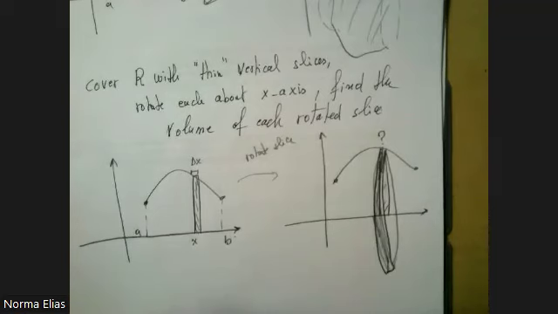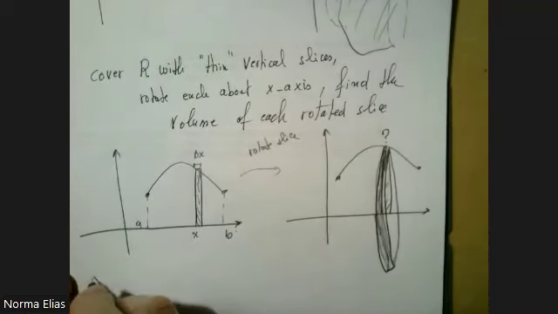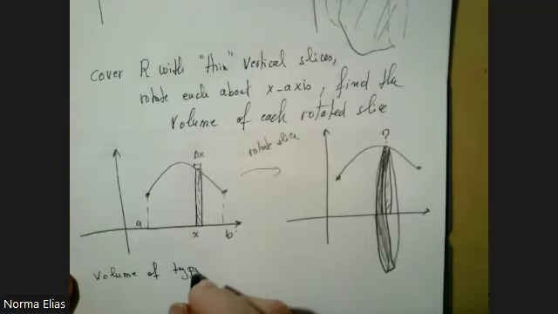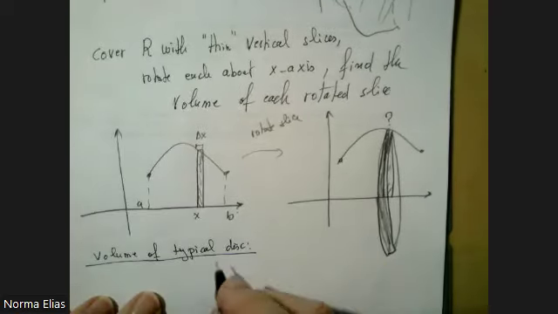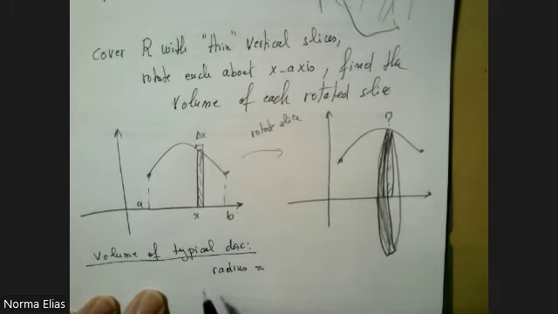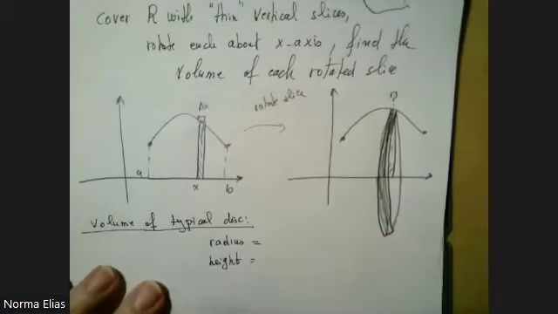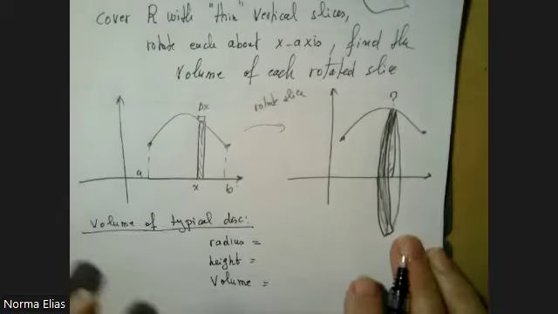Of the disk. So volume of typical disk. To find the volume of a typical disk, I need the radius. So what's going to be the radius? And I need the height. And then the volume. And we are practically done.